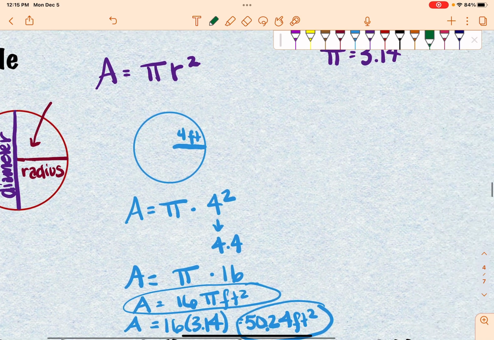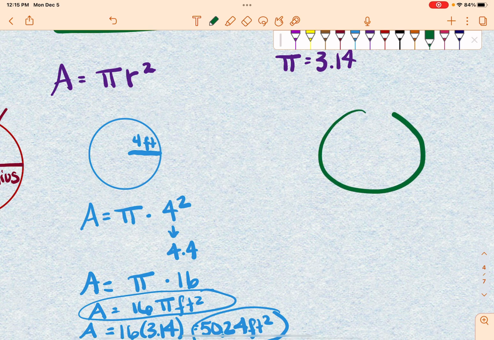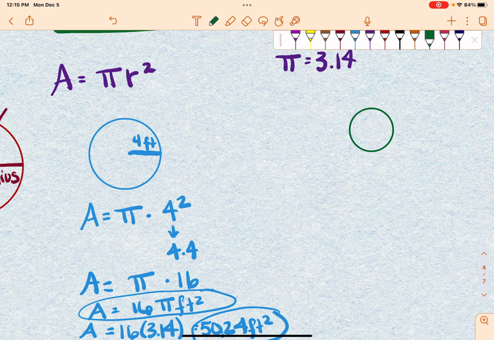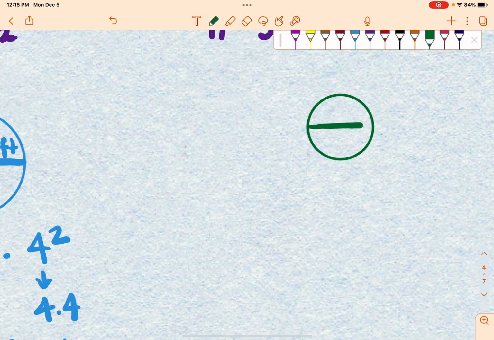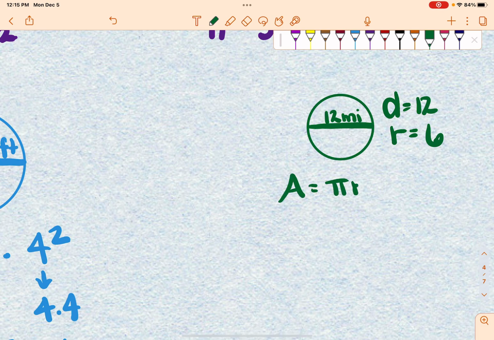Now the other thing we have sometimes is they might give us a circle, but they might tell us that this whole thing is 12 miles. So if the diameter is 12, the radius has to be half of that, which would be 6. And then that would be what you'd plug into this formula.